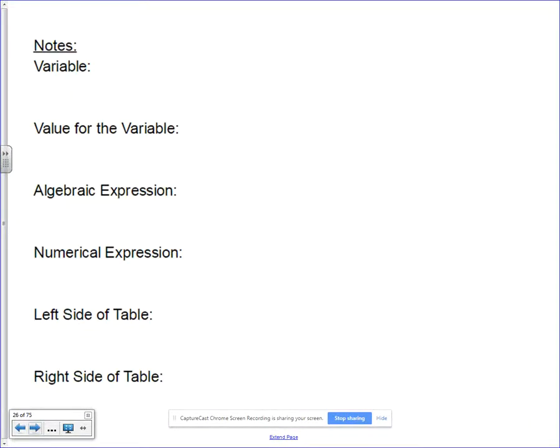Okay, so let's make sure we got some vocabulary down. And some of this is new, and some of this we did on Wednesday, I think it was. Can you tell me what a variable is? Come on, speak up. An unknown number.